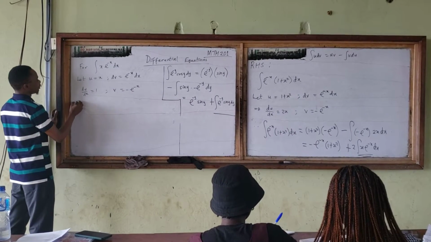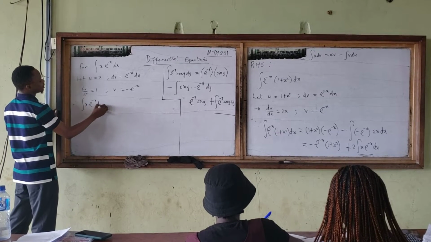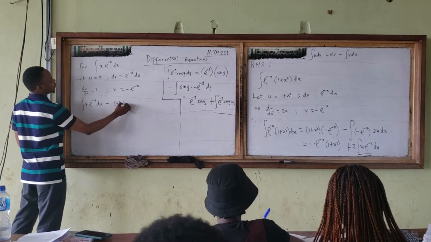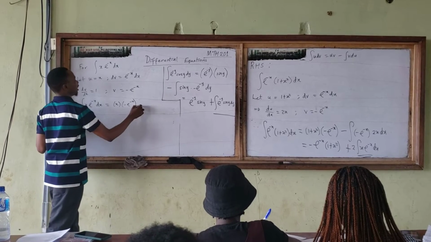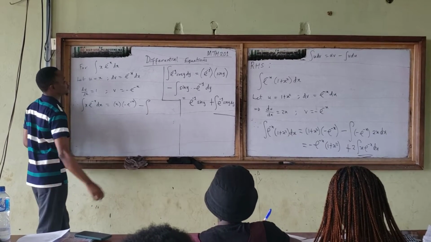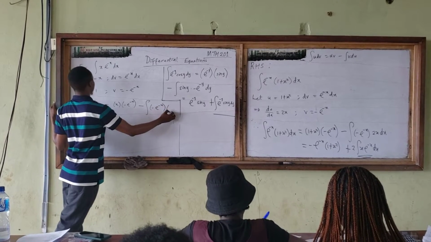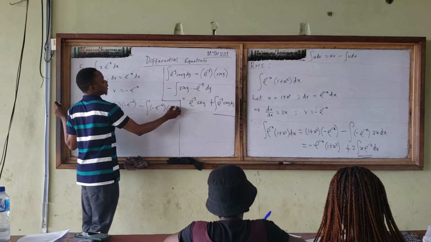And so we can say that therefore the integral of x e raised to power minus x dx equal to uv. That's going to be x multiplied by minus e raised to power minus x, minus the integral of v du. That will be minus e raised to power minus x multiplied by 1.